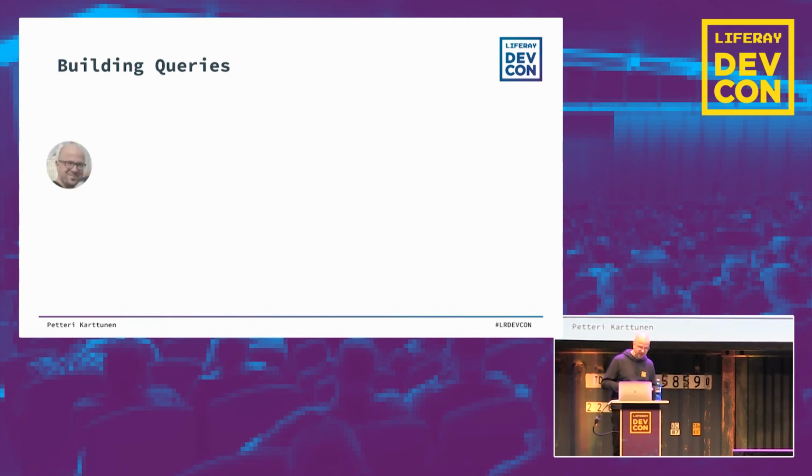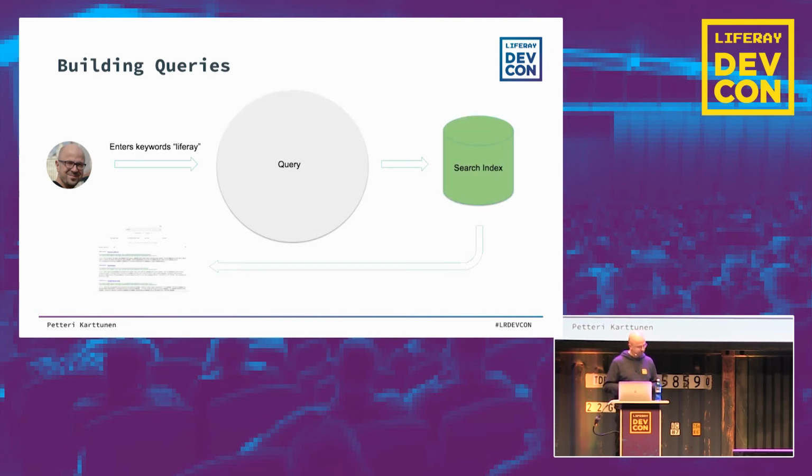It's basically like a question, like, do you have anything titled Liferay? And a query usually consists of multiple clauses, basically subqueries, which can, depending on the run context, be filter clauses, search clauses, or rescore clauses. Filter clauses are just to narrow down your question, and rescoring is getting a better order for your results, so to say.